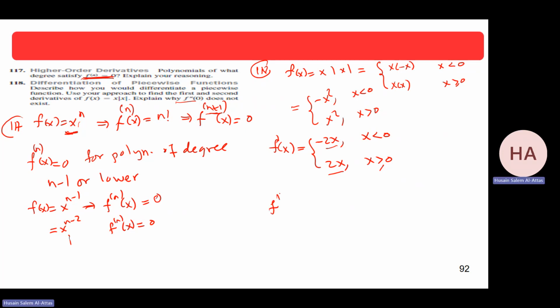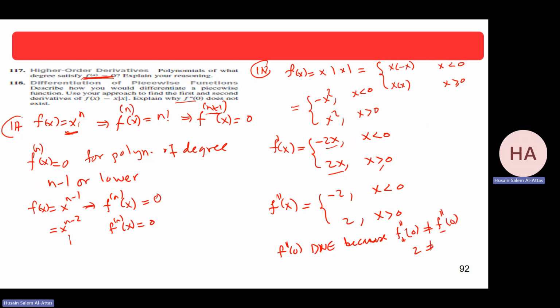What about f double prime? Minus 2 if x is negative, 2 if x is positive. But f double prime at 0 does not exist. Why? Because f double prime plus at 0 does not equal f double prime minus at 0.